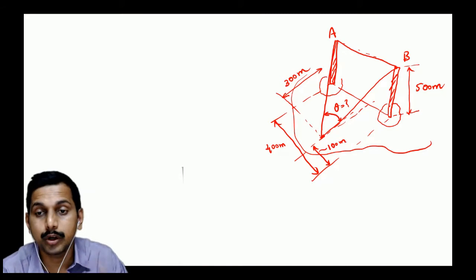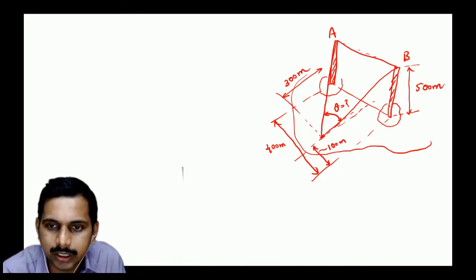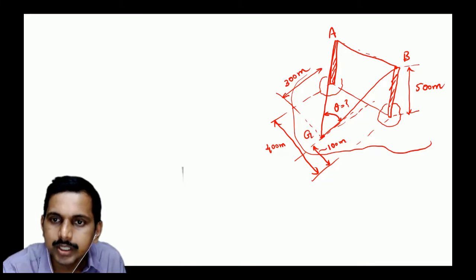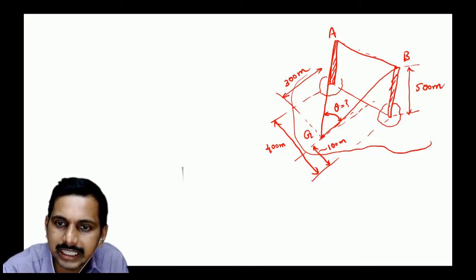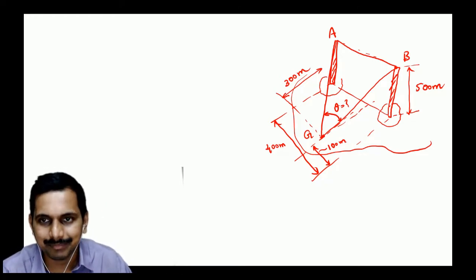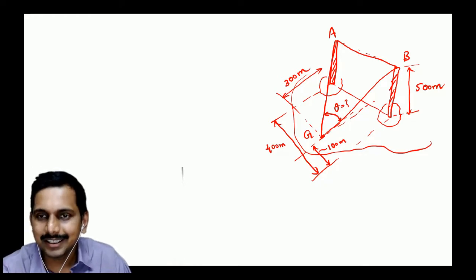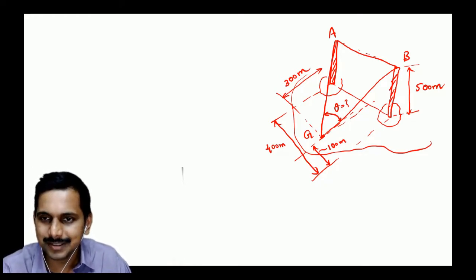Exactly, very good. So what you have to do is find out the unit vectors along, say this is the ground, I will say G. So you have to find out the unit vector AG and GB and find the angle between them. Take the dot product of the unit vectors, you will get the angle also.